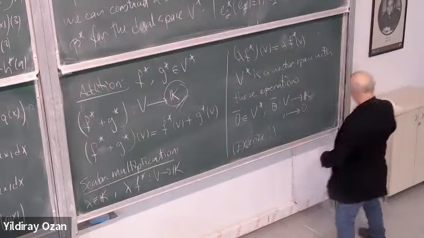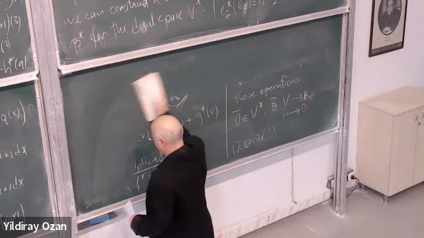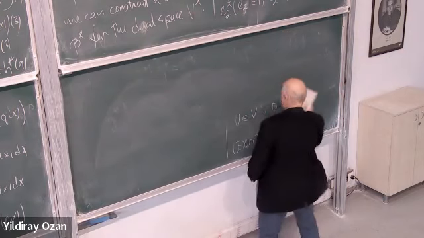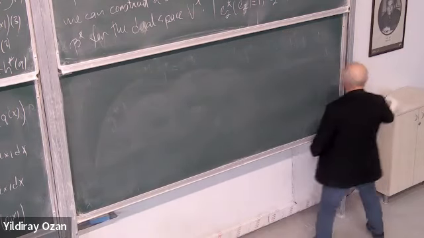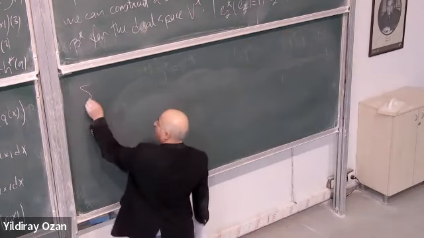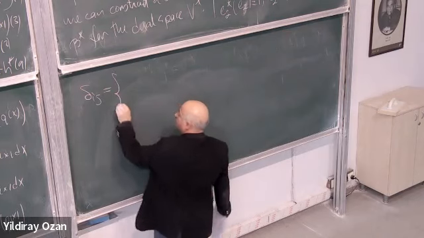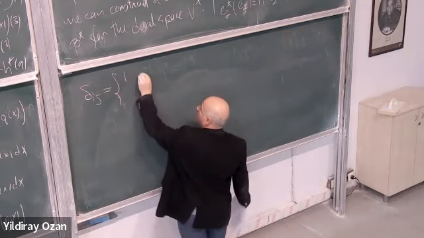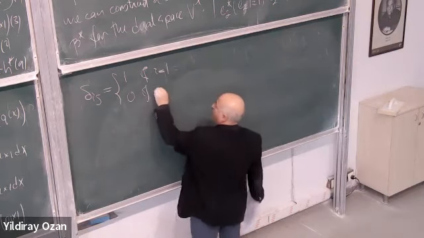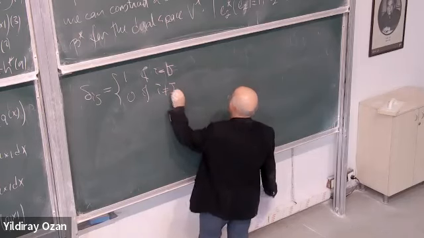And actually we can write it this way, with the Kronecker delta ij. You know this notation, right? This means it is 1 if i is j and 0 if i is different than j.